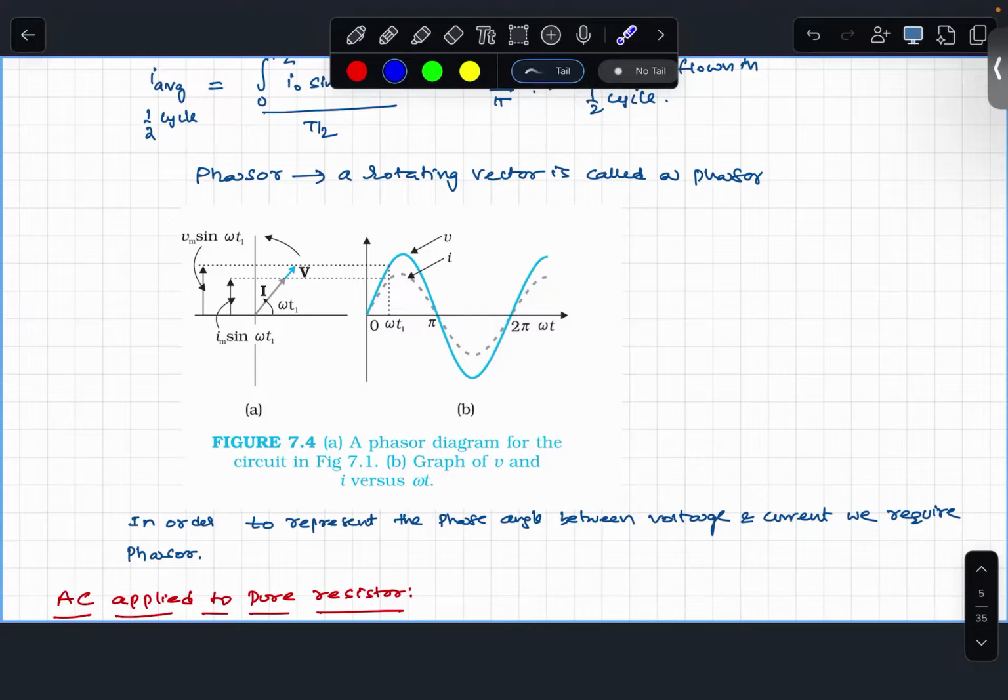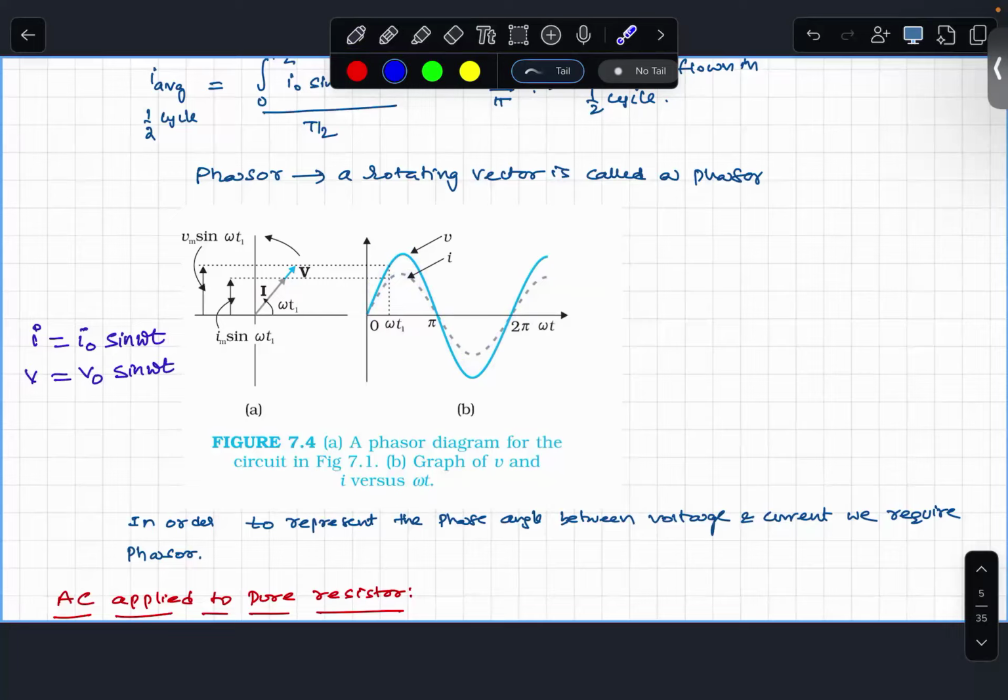For example, if I mention the function I is equal to I naught sine omega t, similarly V is equal to V naught sine omega t, I will represent I graphically as what was shown here, and voltage graphically as what was shown here.